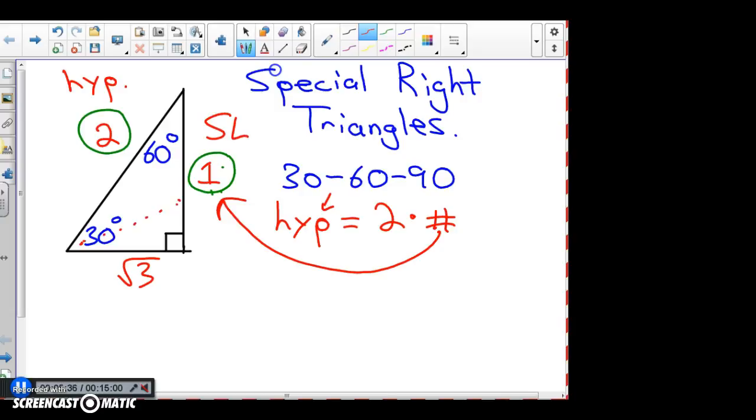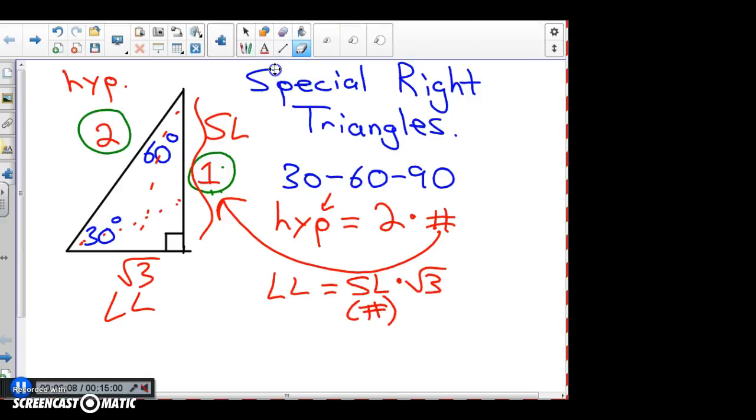Because it's opposite my 30-degree angle, and this whole leg is going to be shorter than this one, which is across from my 60-degree angle. We call it the long leg. The short leg is whatever's sitting there. But, as I've already said, in order to get my long leg, I have to take that short leg number and multiply it by square root 3. Again, up here, I'm taking 2 and multiplying it by that short leg, and that'll just be some number. Now, guys, I want you to focus.